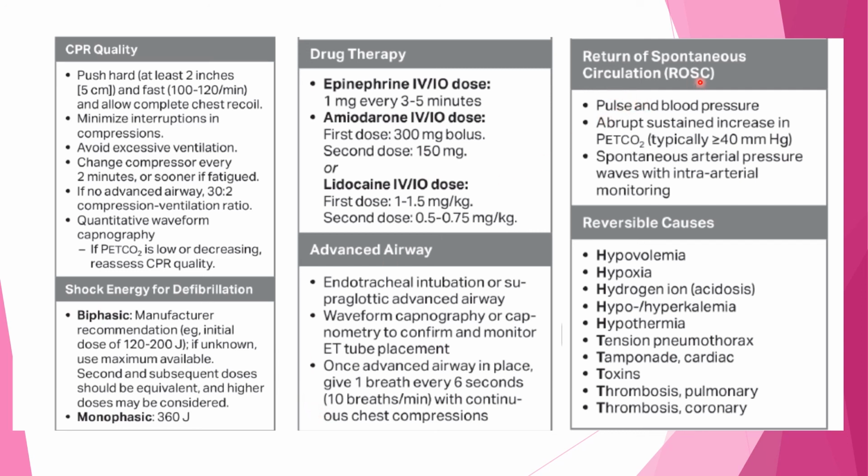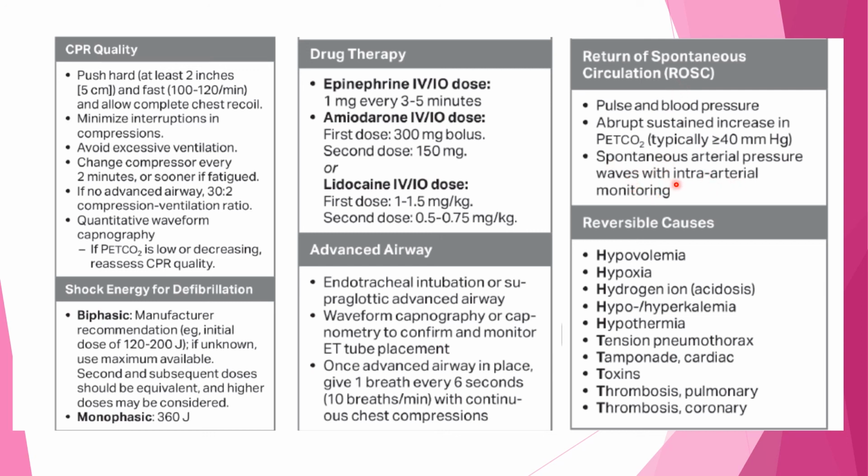What is ROSC? Return of spontaneous circulation. If there is pulse and blood pressure, that means we get ROSC. Or if suddenly there is an increase in the end-tidal CO2, typically more than 40 millimeters of mercury, and it continues like this, then I get ROSC.